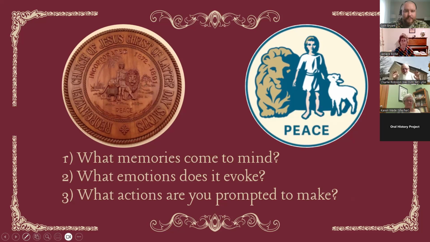It was really a visual thing, and I think it inspired me. I think I'd seen it before on publications, but it wasn't always there. But there was a very large visual reminder every time I entered the auditorium of the importance of our church seal as a peace emblem. And I always value that memory.